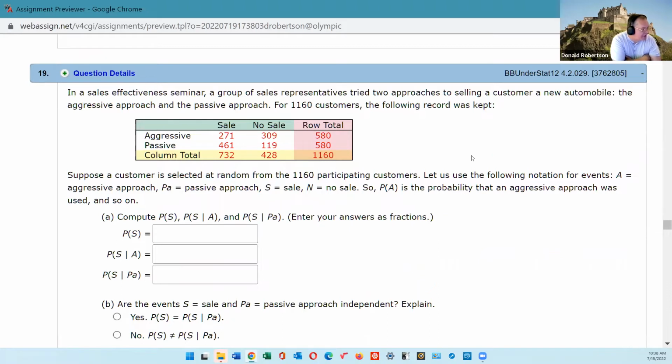In a sales effectiveness seminar, a group of sales representatives try two approaches to selling stuff to customers. So you're going to sell them a new car, right? So they're saying, which one is more effective? So, 580 people, and the ones that were aggressive, they got 271 sales and 309 didn't buy anything, right?